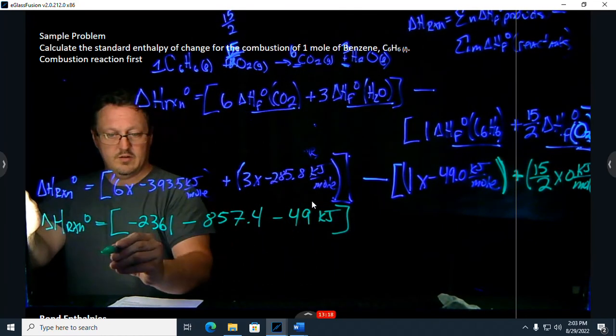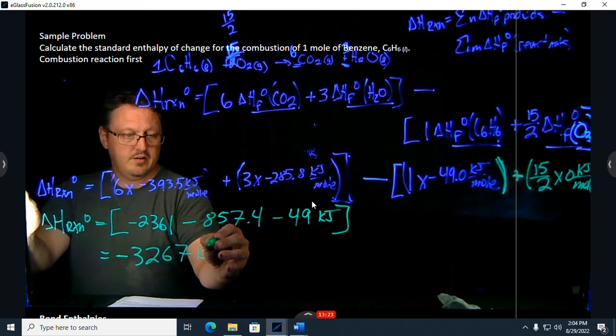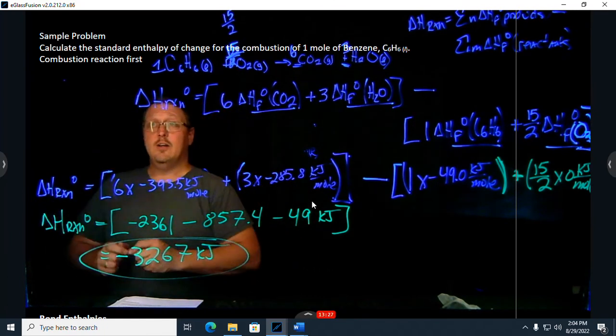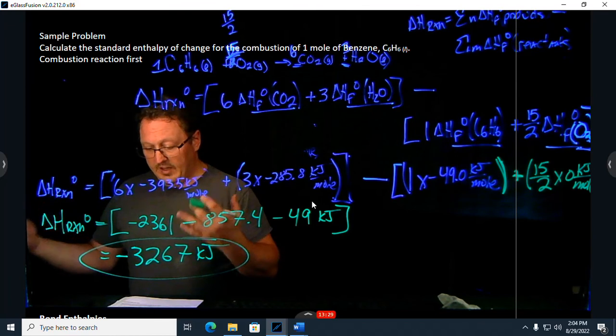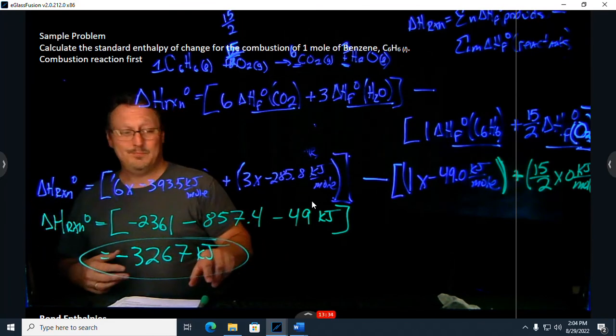And so this reaction is going to be negative 3267 kilojoules. And that's how we could do that by using an enthalpy of formation. So that's how that one works. Okay, so there we go.